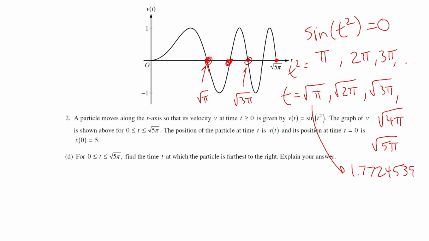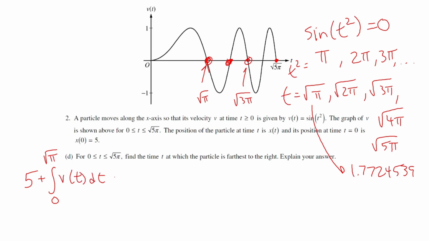And so in order to figure out its position at each of those times, we just need to do what we did in the previous part, where we did the initial position plus the integral from 0 to, in this case, root pi of v of t.